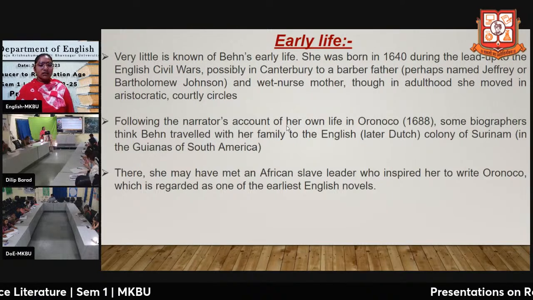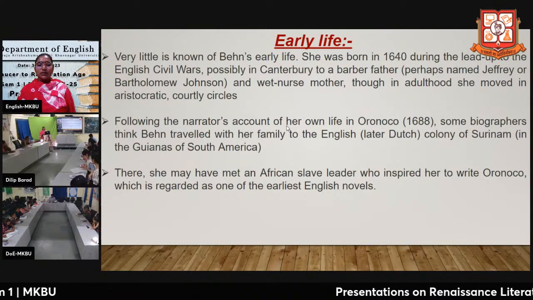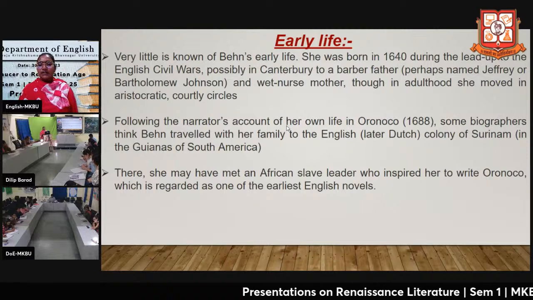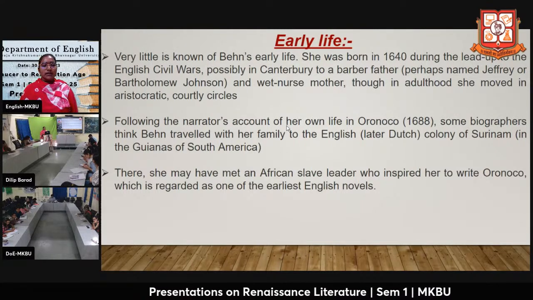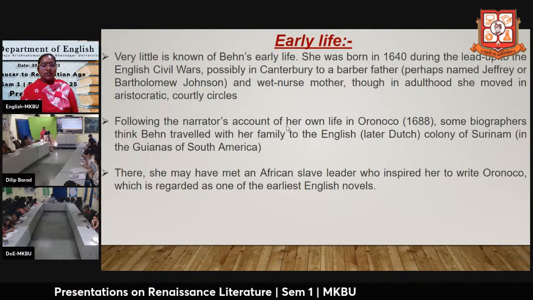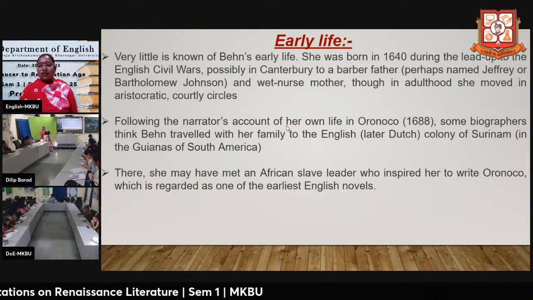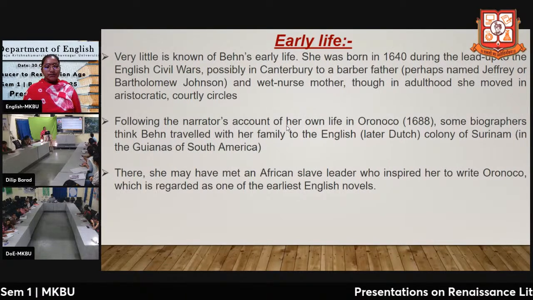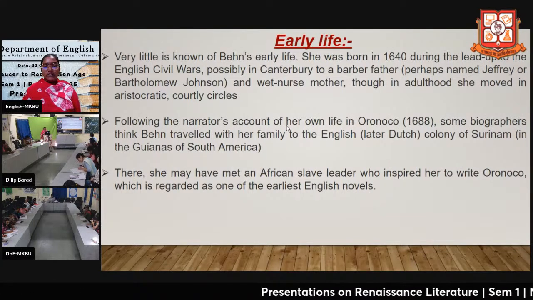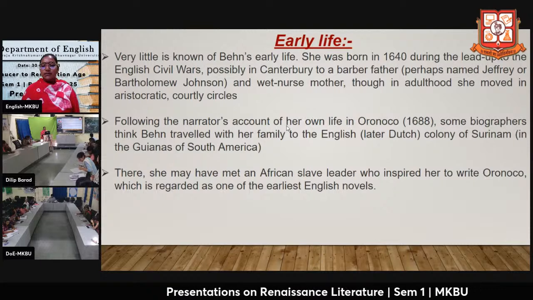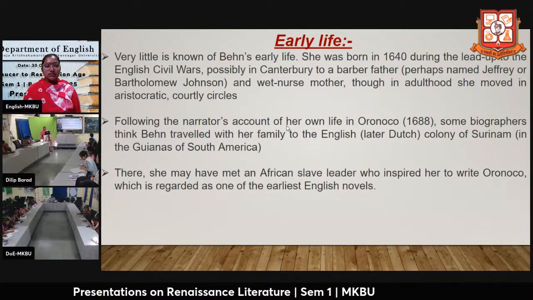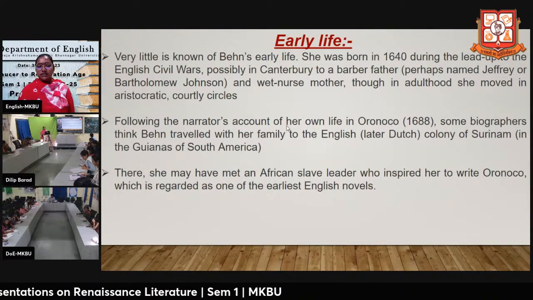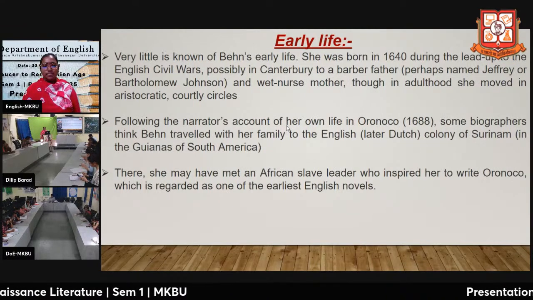Following the narrator's account of her own life in Oroonoko, 1688, some biographers think Behn traveled with her family to the English colony of Suriname. There she may have met an African slave leader who inspired her to write Oroonoko, which is regarded as one of the earliest English novels.